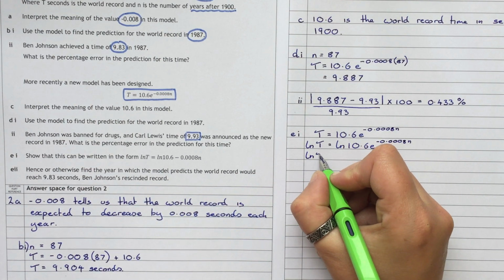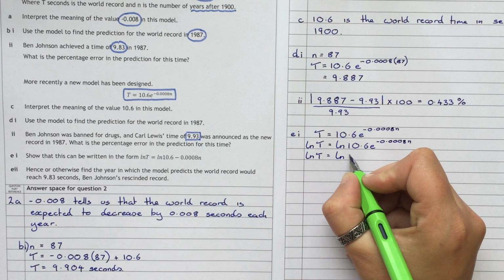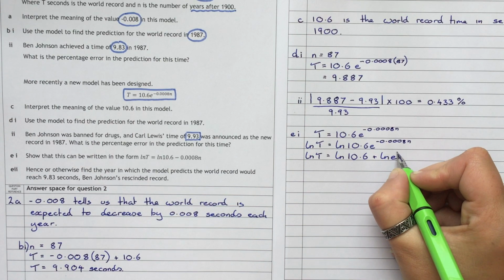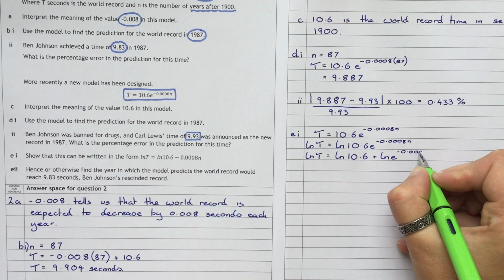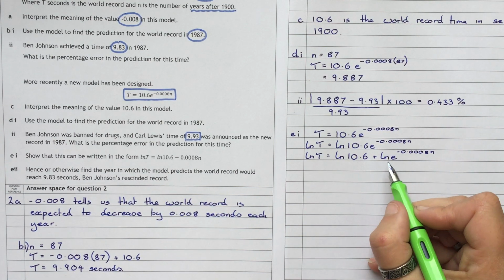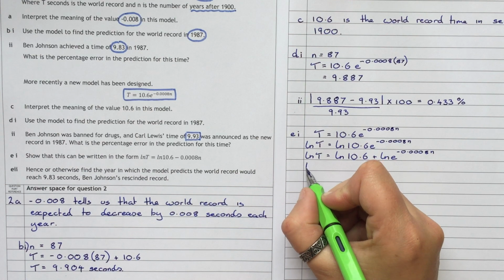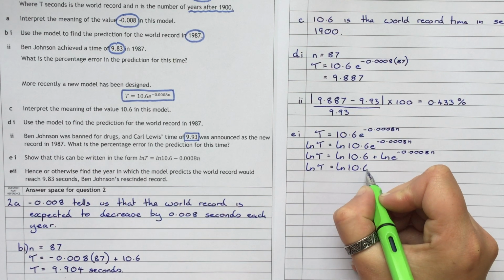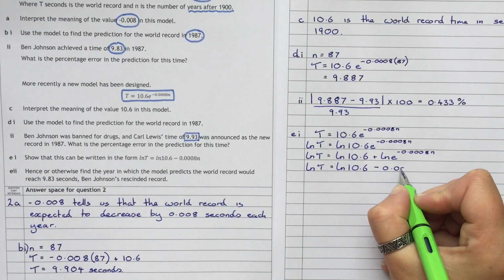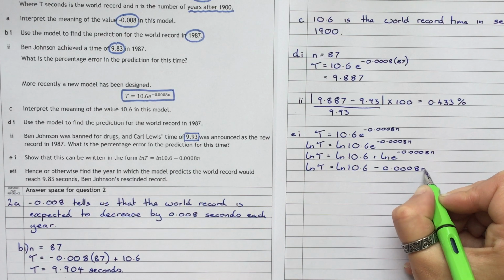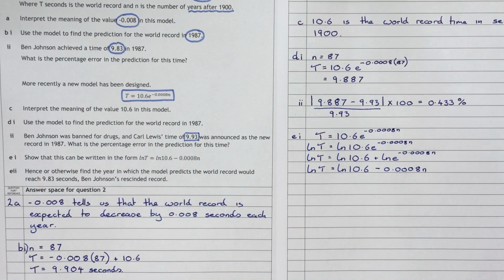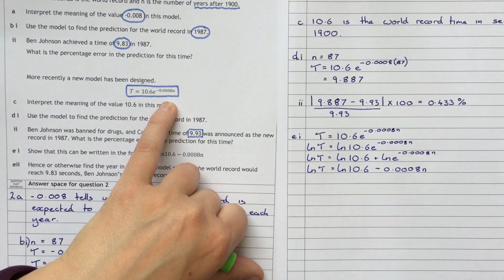So when we separate two things, then they become an add. So then we've got ln 10.6 plus ln e to the minus 0.0008 n. Ln and e are inverse, so they cancel. So we end up with ln t equals ln 10.6 minus 0.0008 n. The reason for doing this is so that we can find out what the n value is in a way that we can't if we're dealing with this original equation.